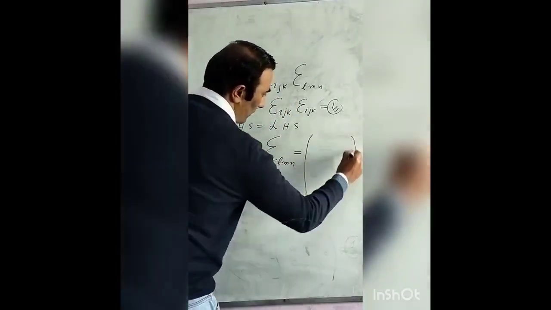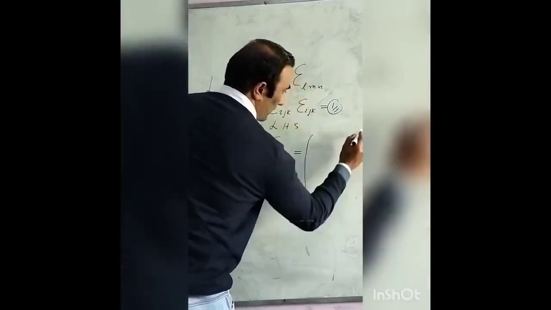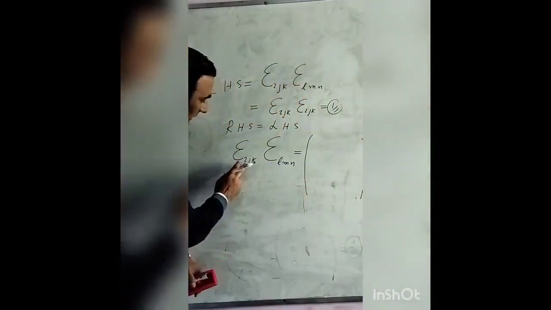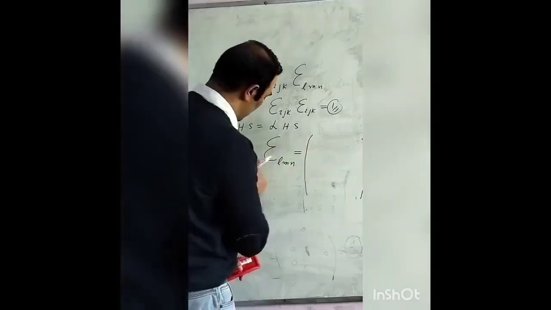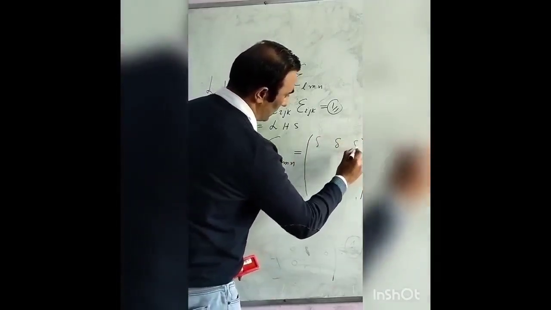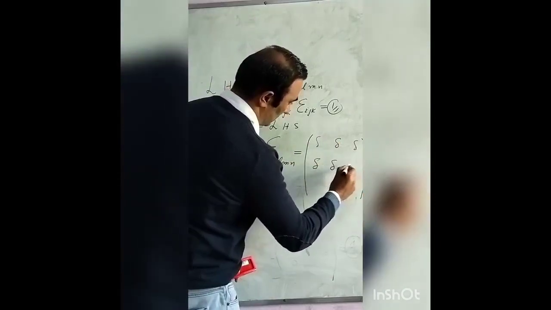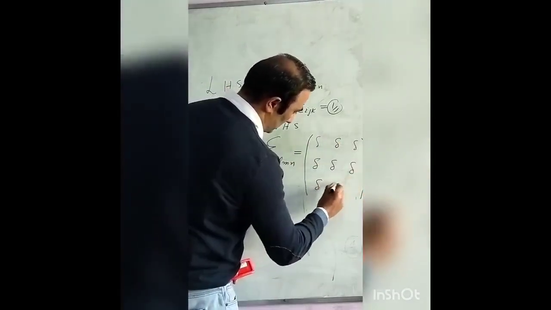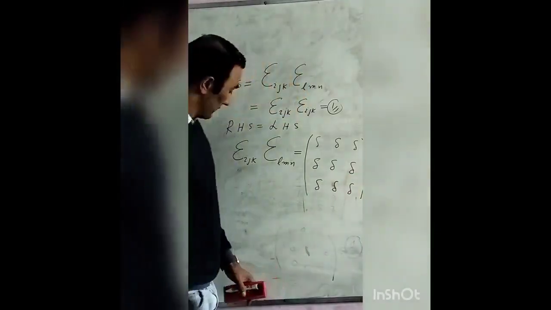So how can you remember it? This is very easy to remember. Write this epsilon product in terms of delta. So we have all deltas here, in a determinant.